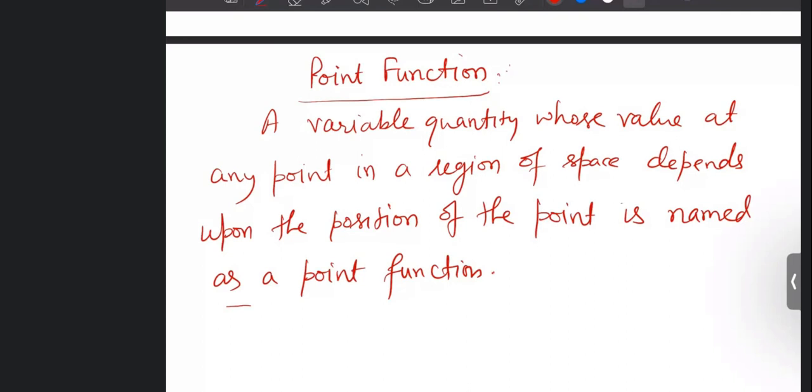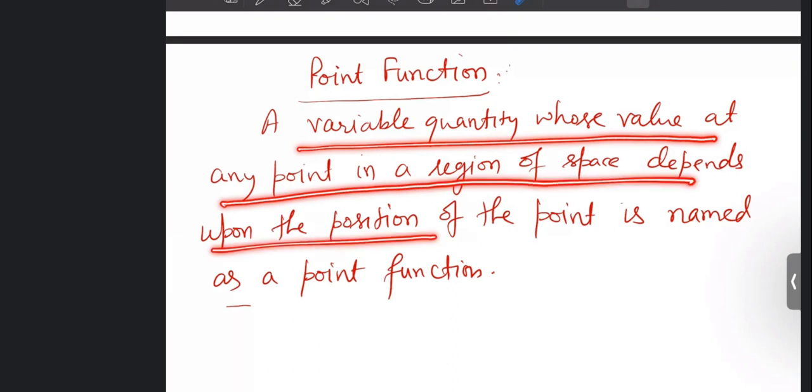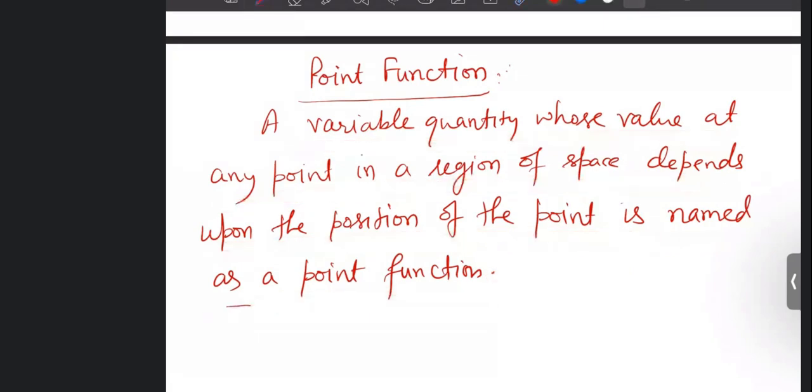That means a variable quantity whose value at any point in the region of the space depends upon the position of the point. That is, as per the position of the point, the value of that variable quantity is different. That is named as a point function.